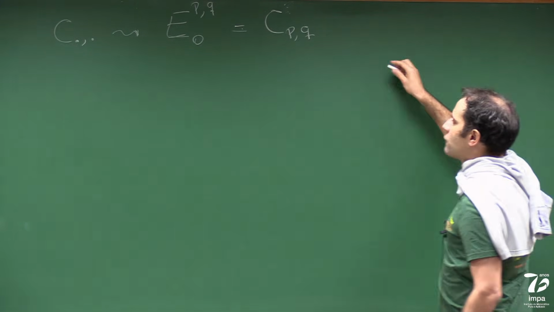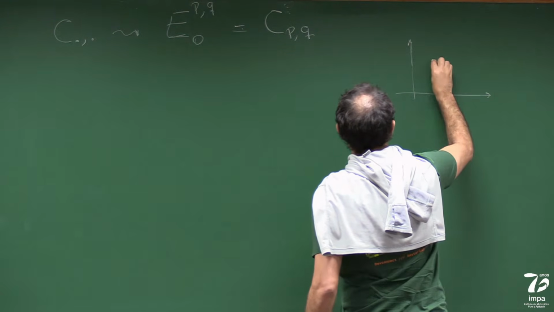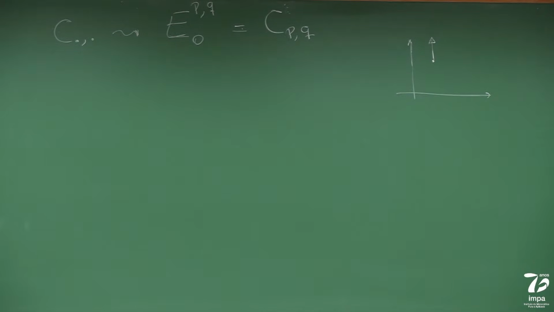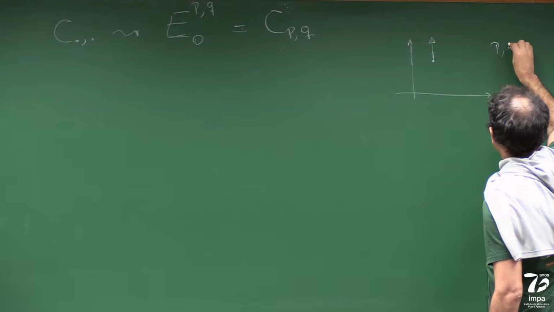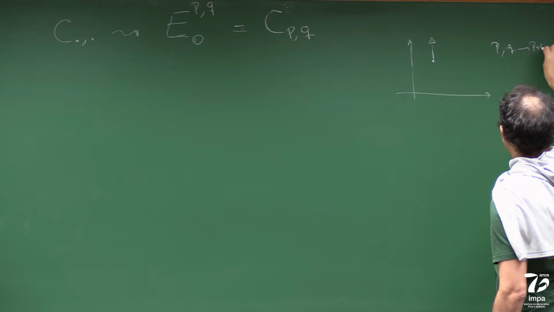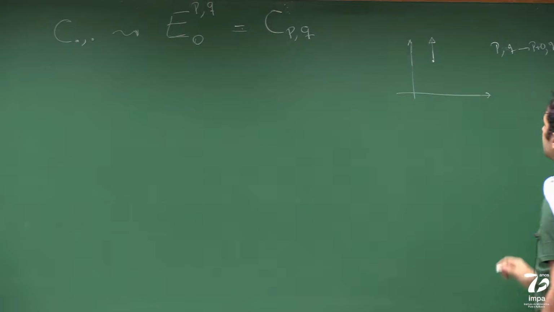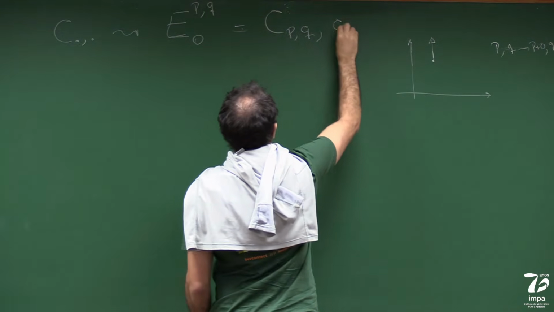Remember, for a cohomological complex, this zero differential is vertical. Remember, it goes from PQ to P plus 0, Q minus 0 plus 1. So the differential in the E0 page is d vertical.